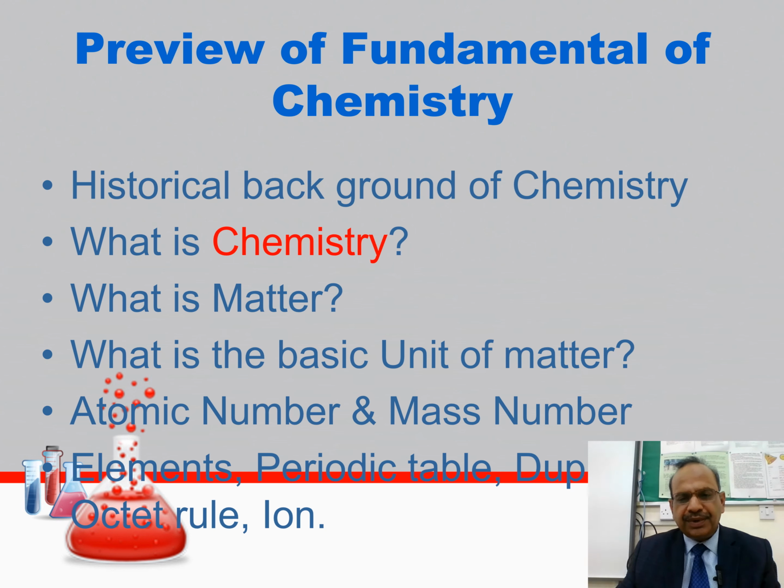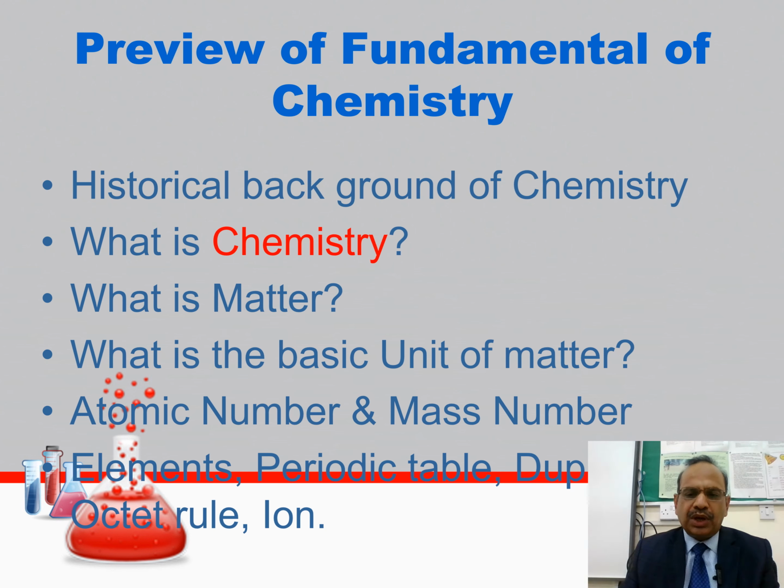Then atomic number, the number of electrons or protons present in an atom, and mass number, the number of protons and neutrons present in the nucleus of an atom. In lecture number 2 we also discussed elements, the periodic table, duplet rule, octet rule and ions as well.